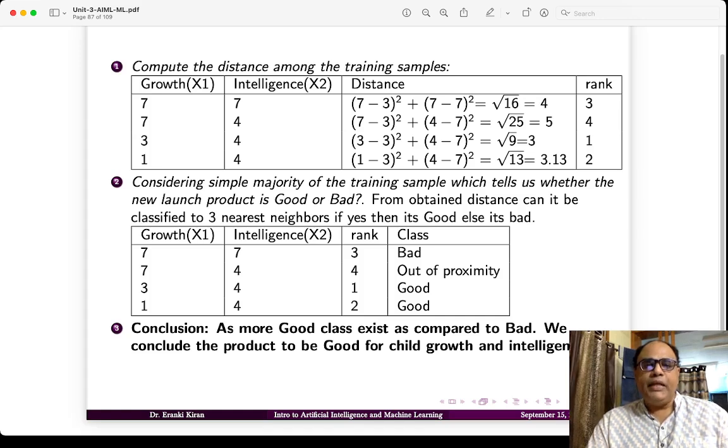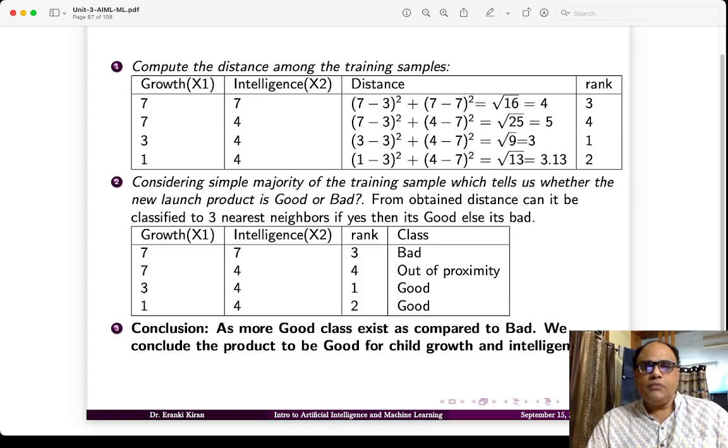From the obtained distances, it can be classified to the three nearest neighbors. If yes, then it is good, else it is bad. If you look at the values closest to 3, 3 is exactly 3, so that is the first one. Then the next available proximity is 3.13, then after that 4, and then 5.